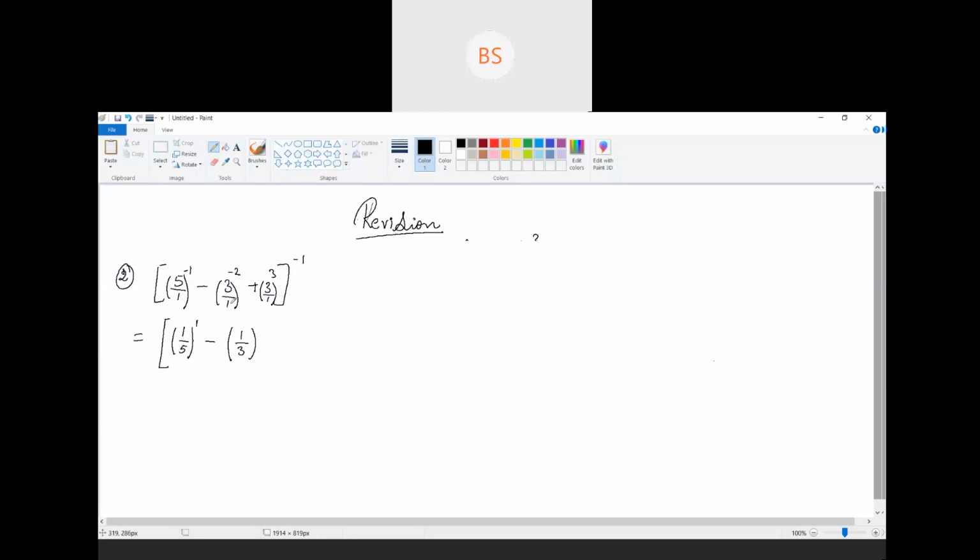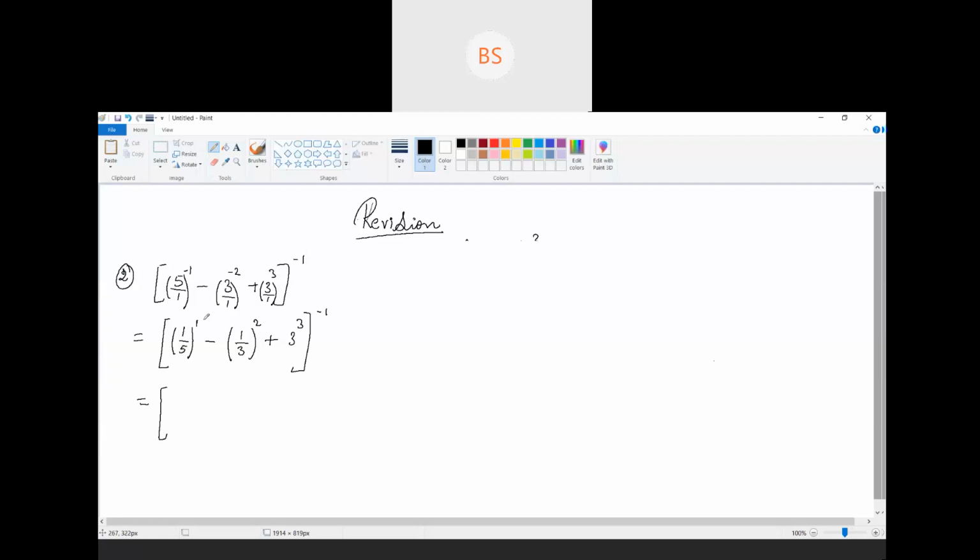Similarly, 3 upon 1 becomes 1 upon 3, and minus 2 will become plus 2. Now the third term is already positive, so it will remain 3 raised to 3 itself, whole bracket raised to minus 1. Okay, now we will find the values.